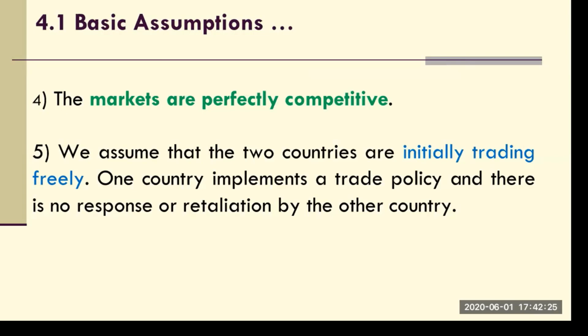We assume that in this context markets are perfectly competitive. The other point is we assume the two countries are initially trading freely. One country implements a trade policy and there is no response or retaliation by the other country.